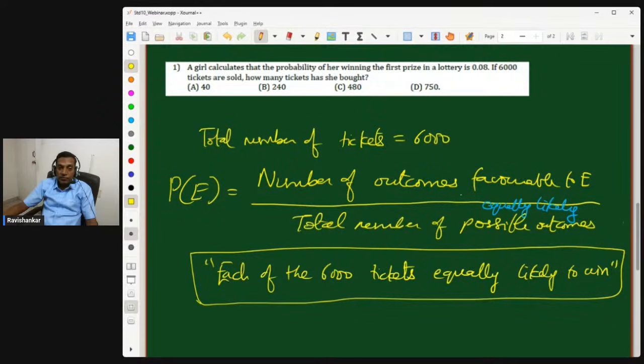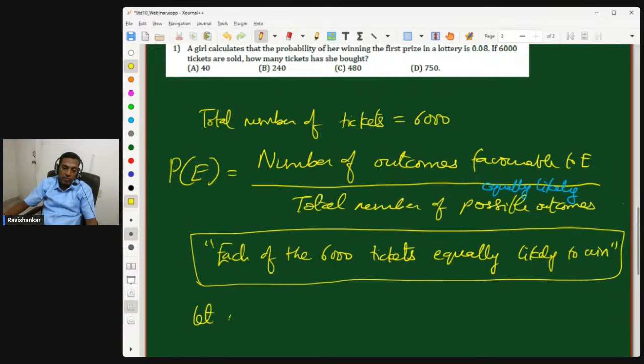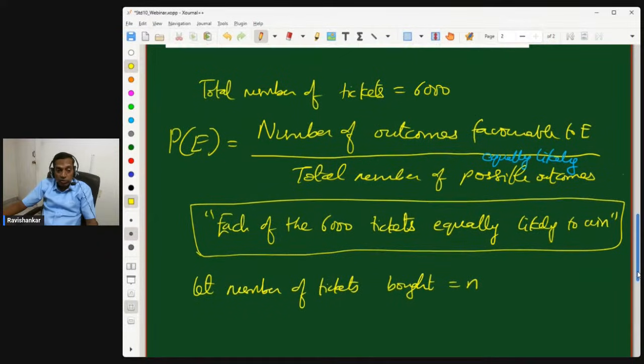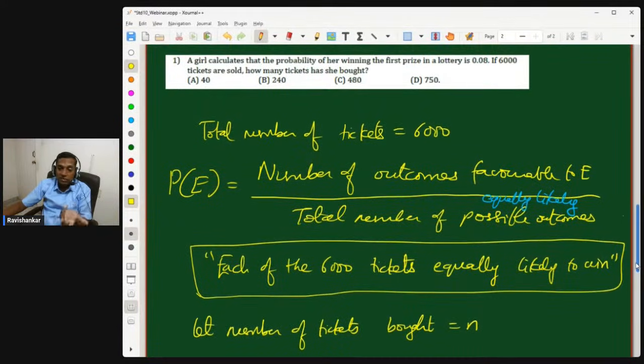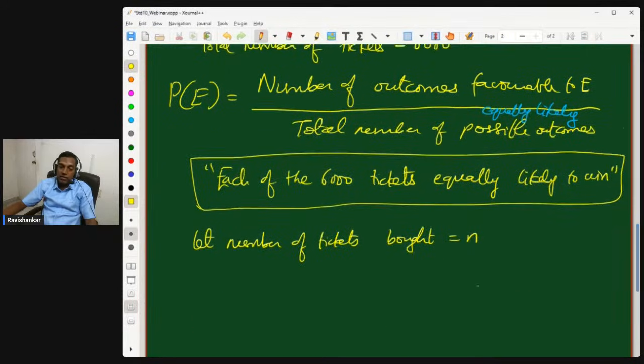Now, let the number of tickets bought by the girl be n. That means the number of outcomes favorable to winning is n, because each of those n tickets has the same chance of winning. So the probability of winning is n by 6,000.